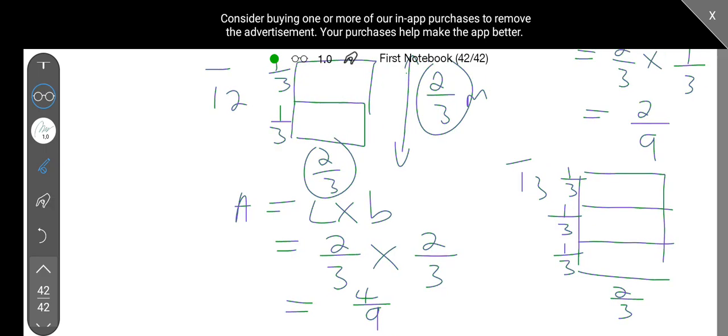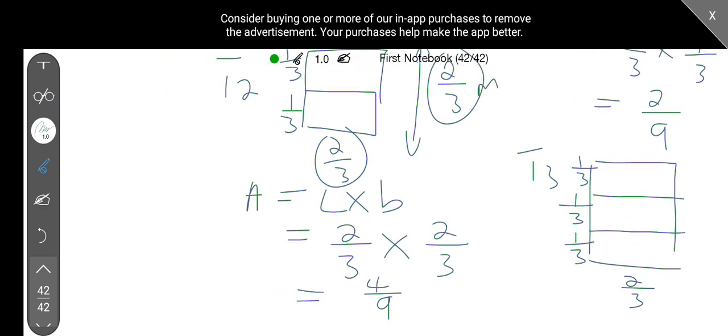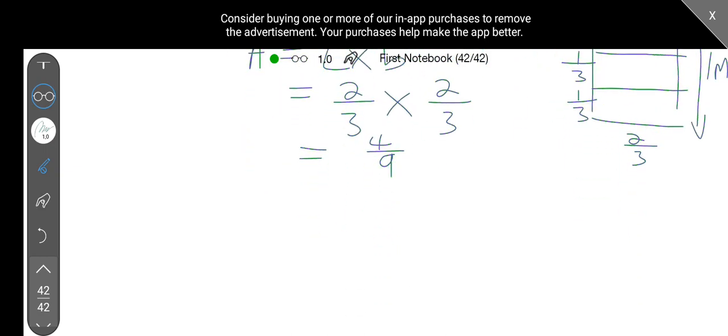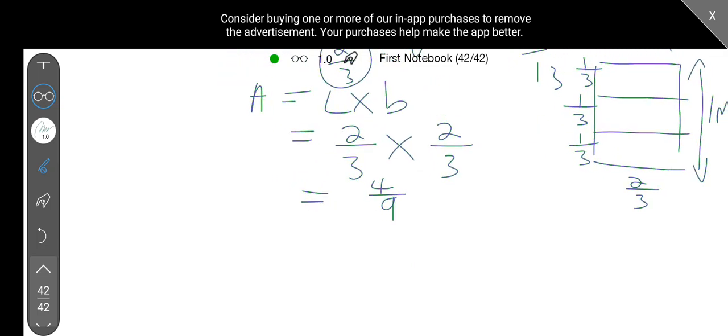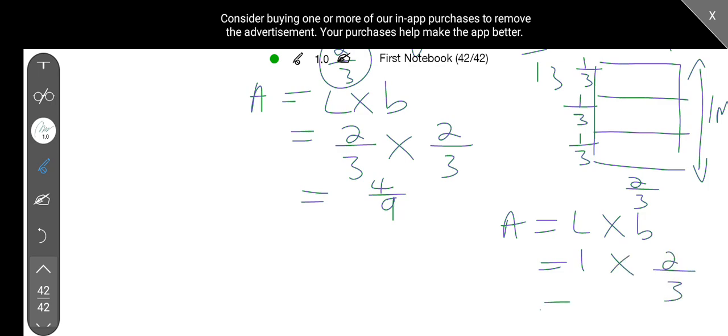Here we can add 1 over 3, 1 over 3, and 1 over 3, and we're going to have 1 meter as our height this time. To find the area, we still use the same formula: the area is equal to the length multiplied by the breadth. The length in this case is 1 multiplied by the breadth, which is 2 over 3, and then we have 2 over 3.